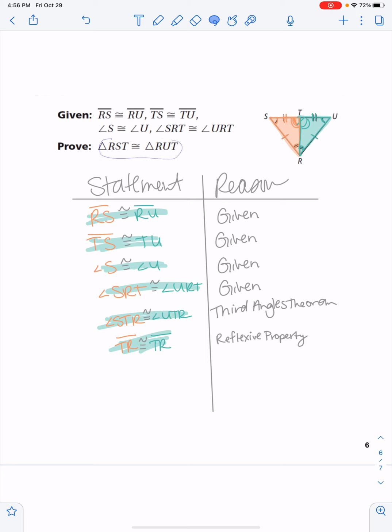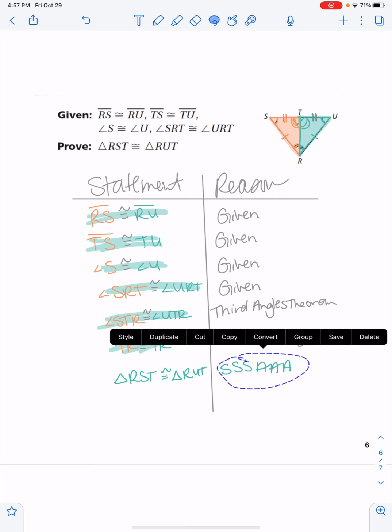So then I can say that these triangles, I'll just write it out myself. Triangle RST is congruent to triangle RUT, and it's because all 3 sides match and all 3 angles match.